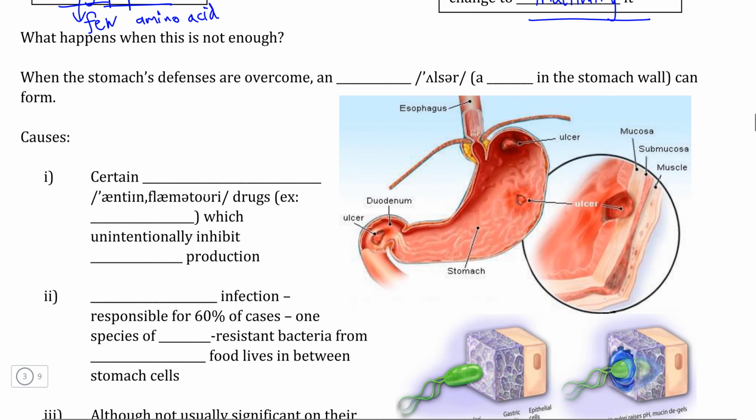Sometimes, due to unforeseen environmental conditions or complications involving medical conditions in the body, the stomach's defenses are not enough, and the combination of the very, very strong acid in the stomach, as well as one of the most powerful digestive enzymes in the body, can actually cut a hole into the wall of the stomach.